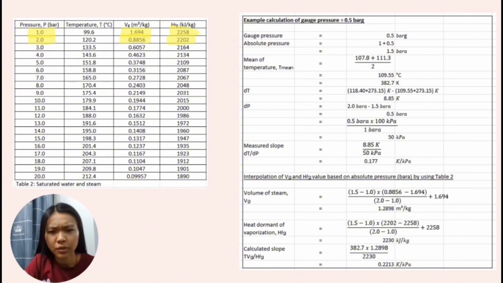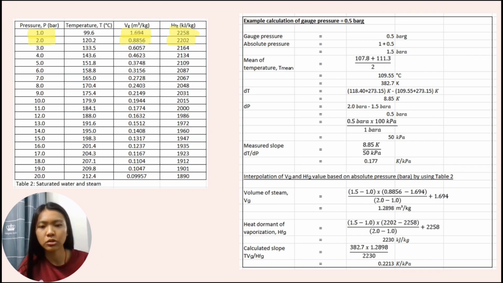The difference in pressure is equal to the absolute pressure at 2.0 bar absolute minus absolute pressure at 1.5 bar absolute, equals 0.5 bar absolute, and converted to kilopascal is 50 kilopascal. The measured slope is the difference in temperature divided by the difference in pressure, which is 0.177 Kelvin per kilopascal.